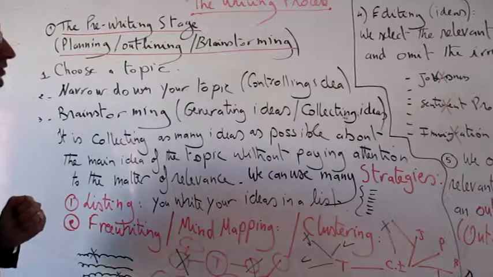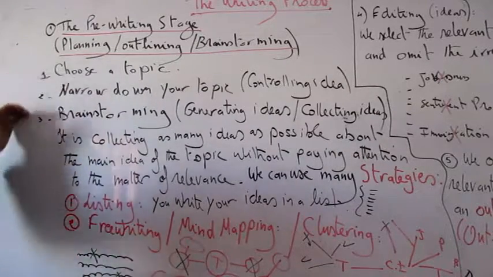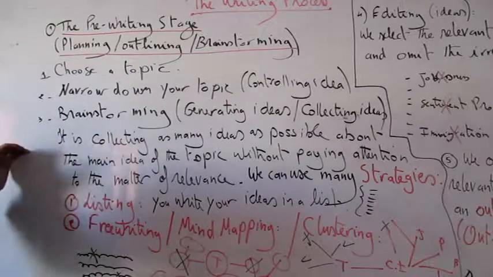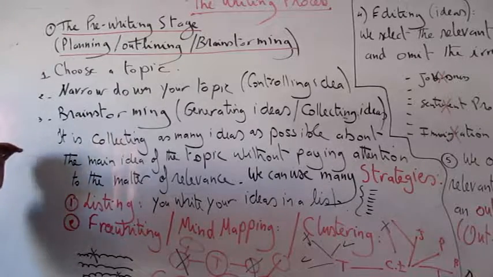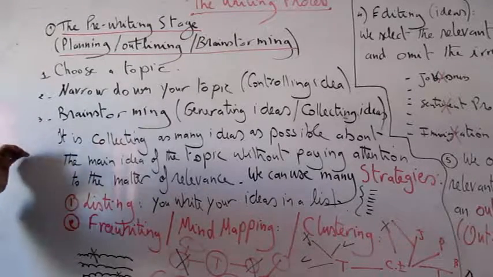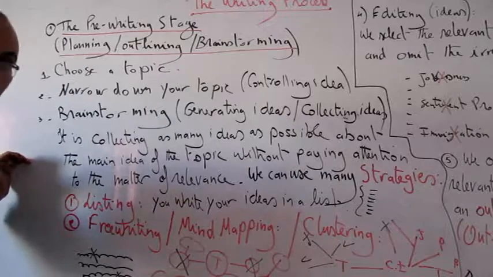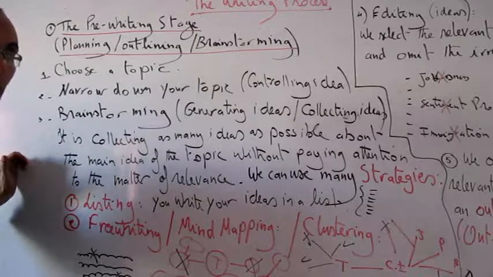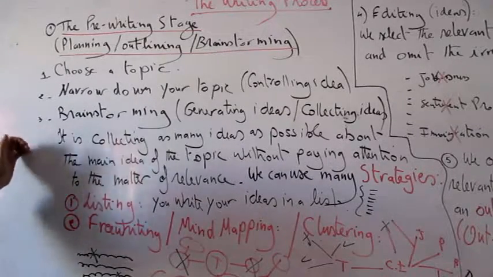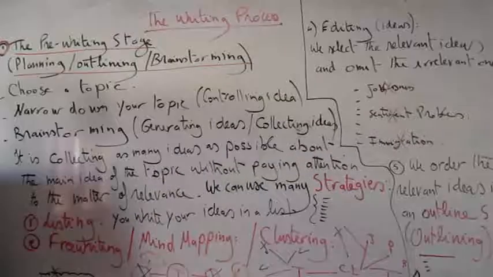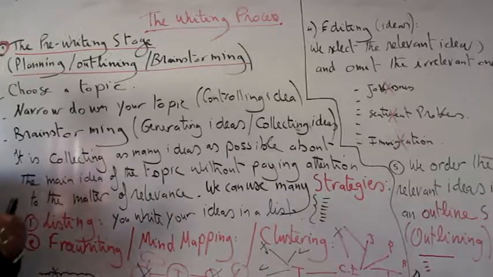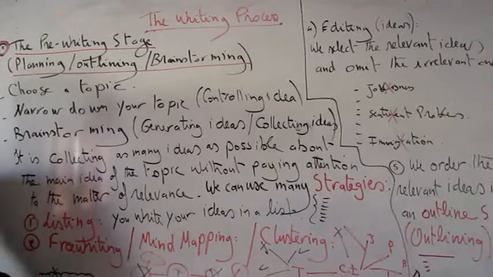The pre-writing stage, as you see, contains many steps which are organized and ordered methodologically to enable the learner and the writer to write correctly, without wasting time, and to follow a methodical way of writing.